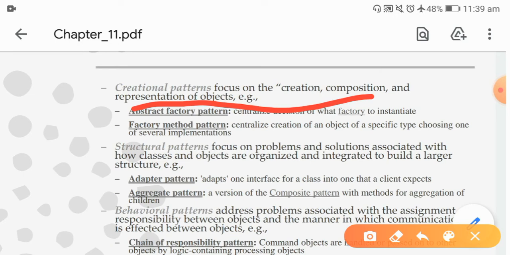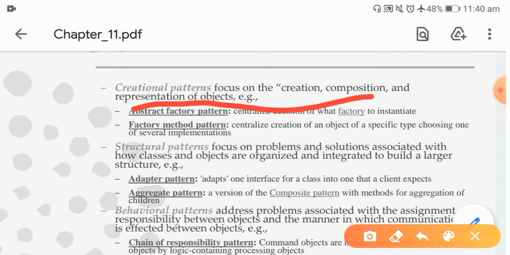If you see the ATM machine, the first creation is the window, that is, the alignment of your text and the size of your text, so that it can be seen by anyone, meaning the one who is performing the transaction. So this is the creation, composition and representation of the objects.